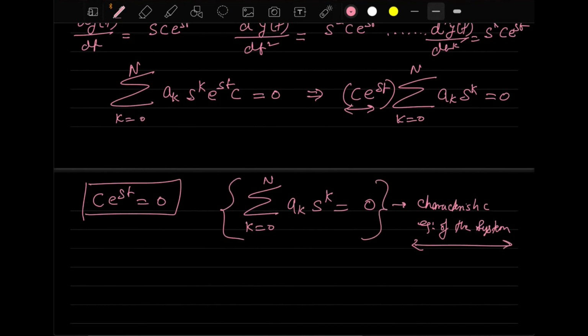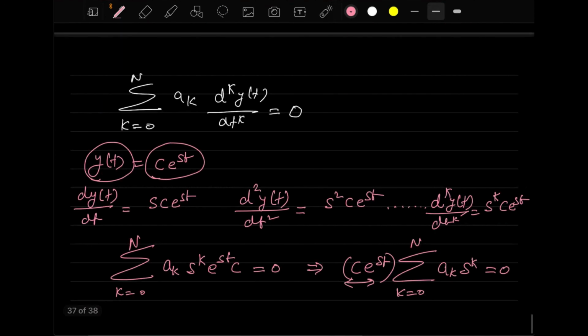And the values of s obtained from this, because you will be getting some values of s here, those solutions that you get from here will be used in forming the solution of the differential equation which we have discussed above.